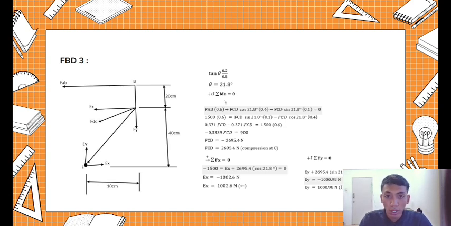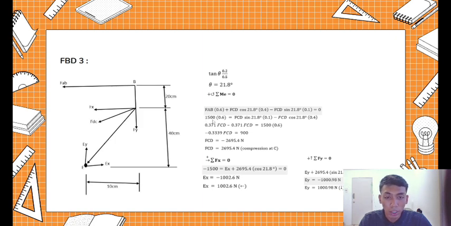The moment of E, considering counterclockwise as positive, equal to 0. FAB times 0.6 plus FCD cos 21.8 degree. We just put in the equation of free body diagram number 3 to get the answer of force at point CD, equal to FCD sin 21.8 degree times 0.1 equal to 0. 1500 times 0.6, FAB we get from free body diagram number 2.